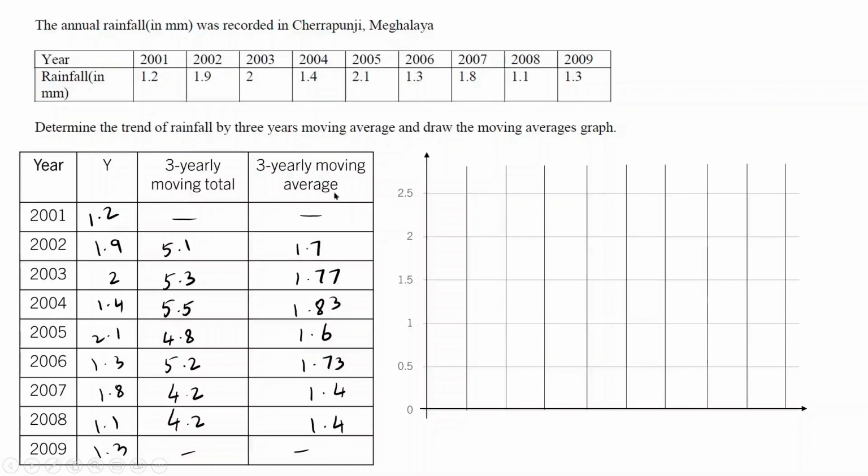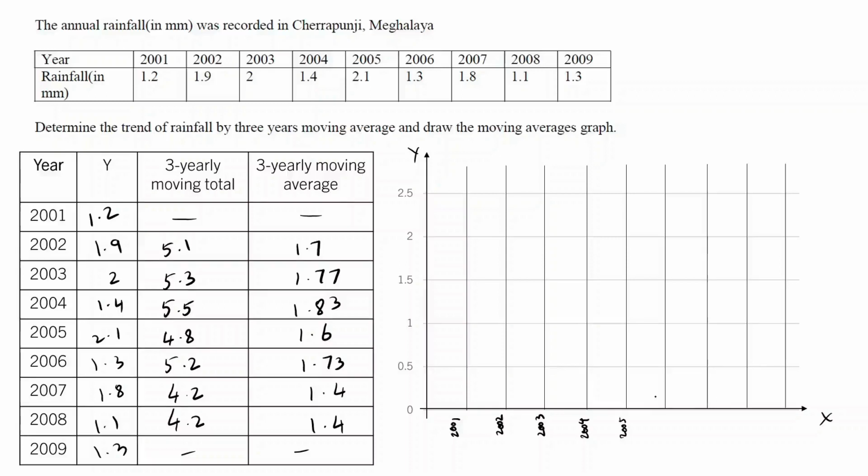Now we have to represent this on a graph. So let us take a graph sheet and have the x-axis and the y-axis. Now along the x-axis we have the years. So we have 2001, 2002, then 2003, 2004.